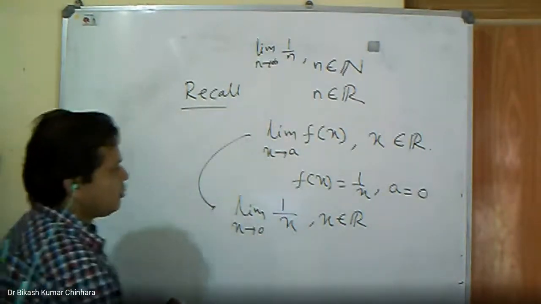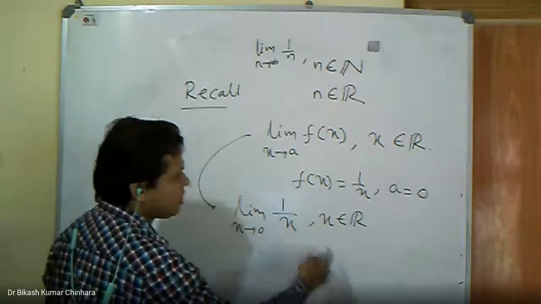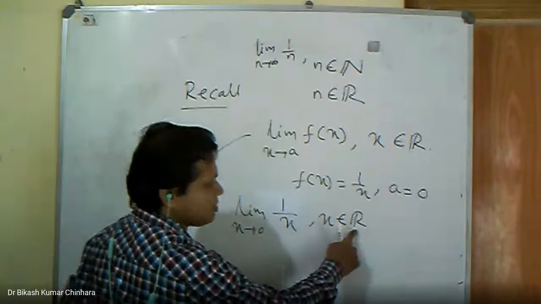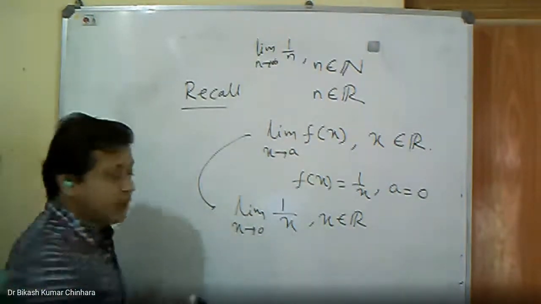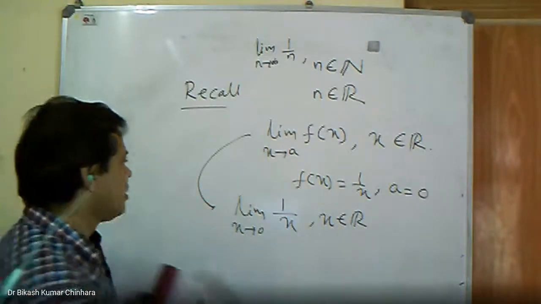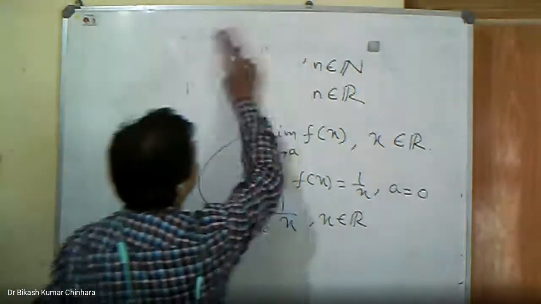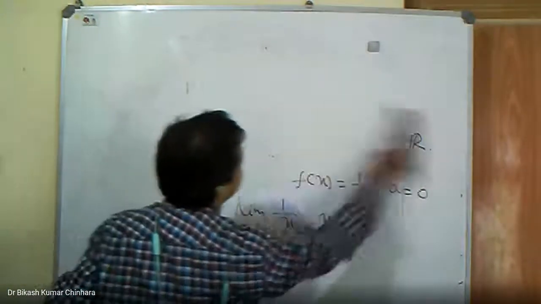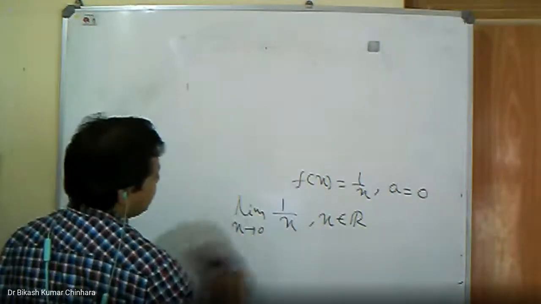So if you are taking x values continuously, that means x lies in the set of real numbers, we can do the graphical interpretation of limit. So now in this class I will discuss the graphical meaning of a limit, or graphical interpretation of a limit.